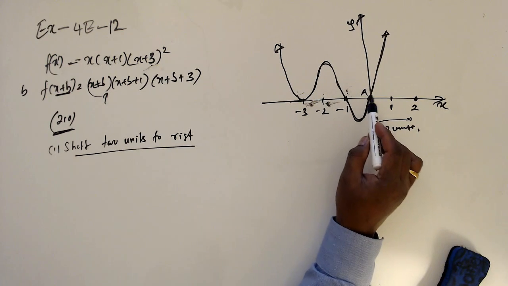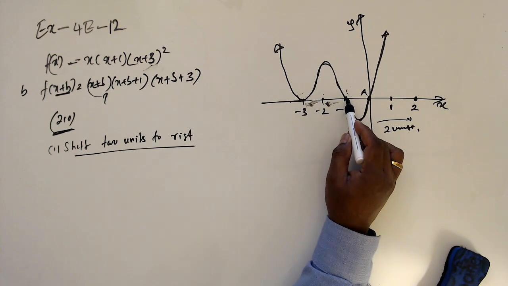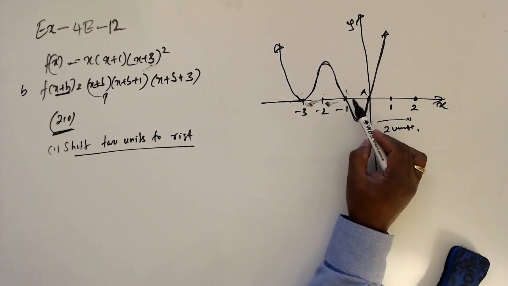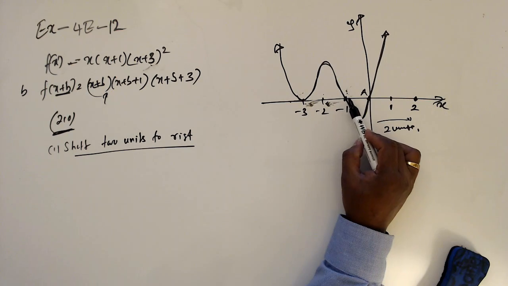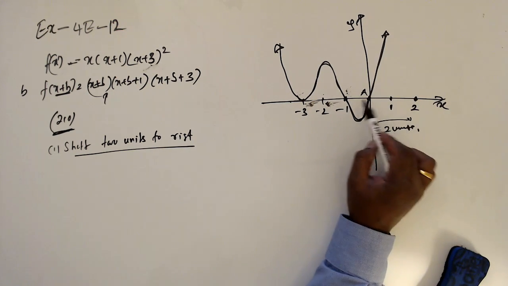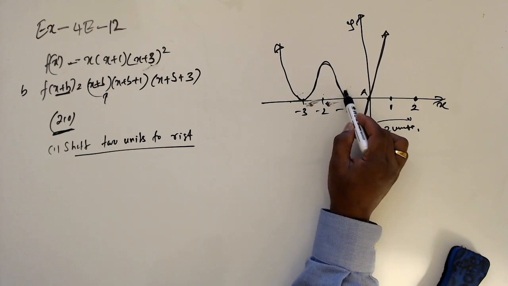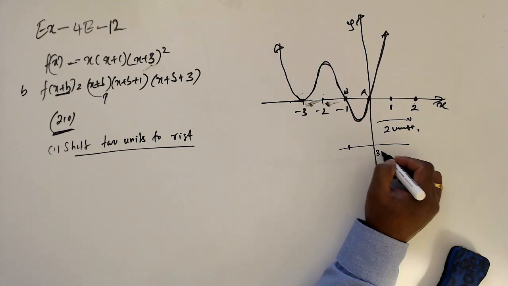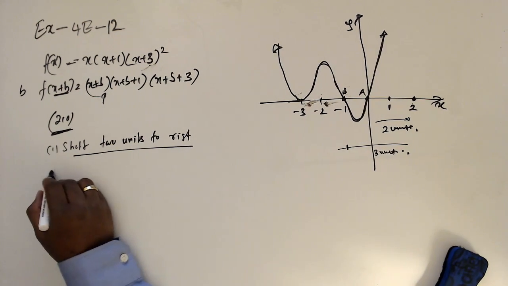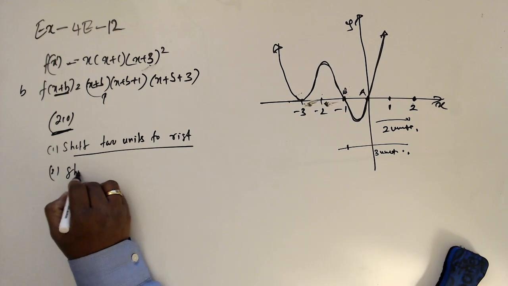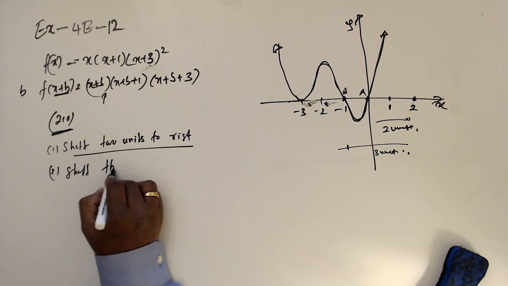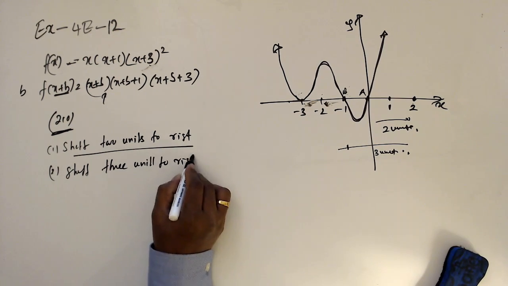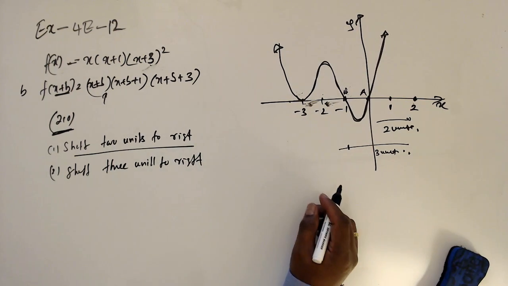There is a second option. I want to bring this minus 1 point to 2. If I shift 1, 2, 3 units to the right, then this point is here. It means shifting 3 units to the right. Still it works.